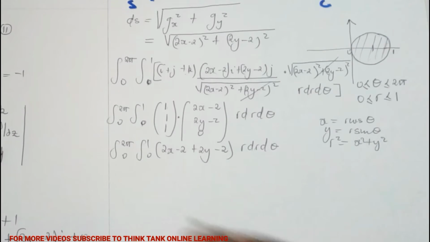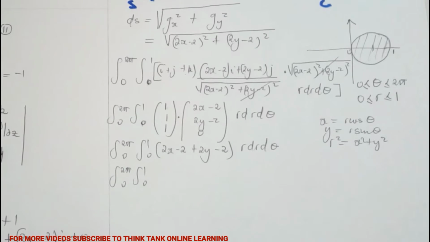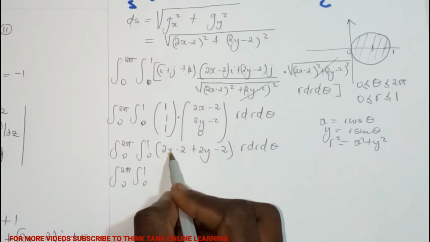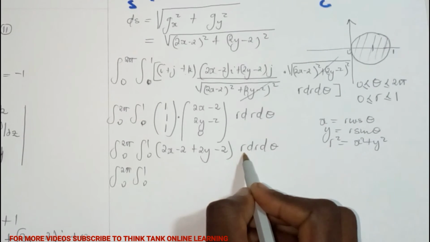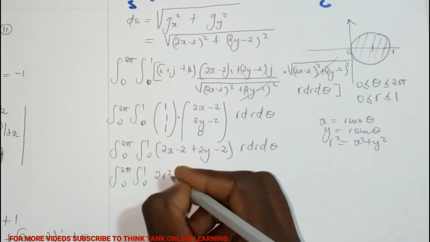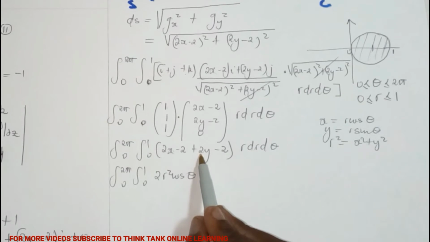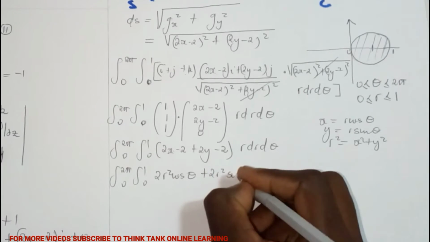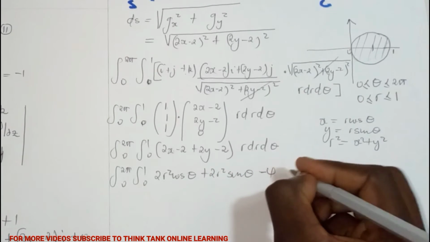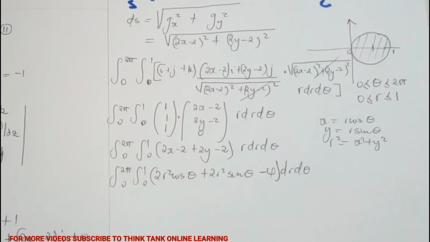So let us rewrite it in polar coordinates. 2x is 2r cos theta, but we have another r, so it's going to be 2r squared cos theta, minus 2 and minus 2 is minus 4. Then 2y is 2r sin theta times this r, so it's going to be 2r squared sin theta, minus 4, dr d theta. Then I'm just going to integrate with respect to r.